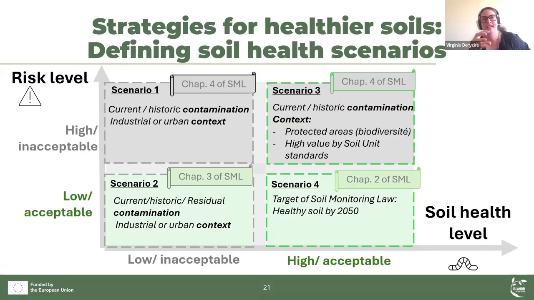In this context, it refers more to chapter 4 or chapter 3, because chapter 3 is resilience of soil, but the risk is acceptable. And in the end, we want to see healthy soil with acceptable risk and acceptable soil level. So this is really an overview.